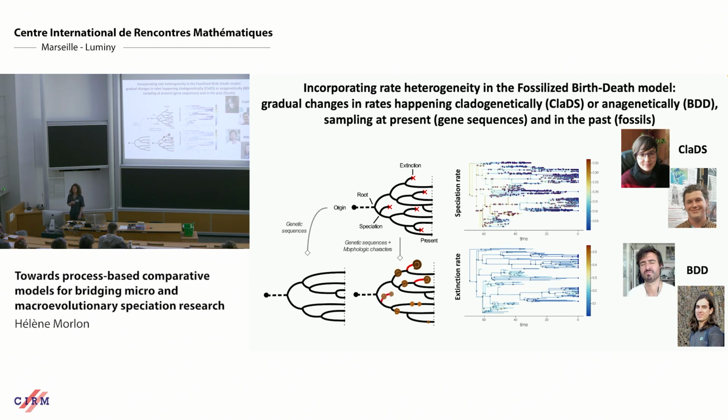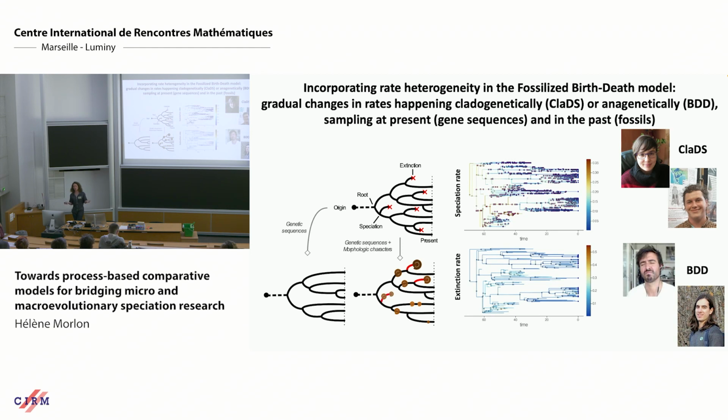And so now we've implemented this fossilized birth-death process in both the case of this ClaDS model with rate variation that happens cladogenetically, and with the birth-death diffusion model where rate changes happen anagenetically along species, along lineages, along branches in the phylogeny.